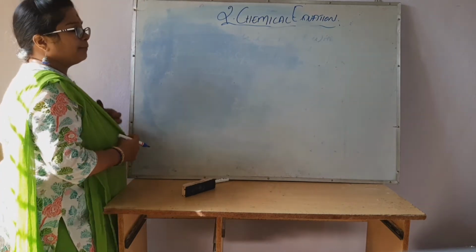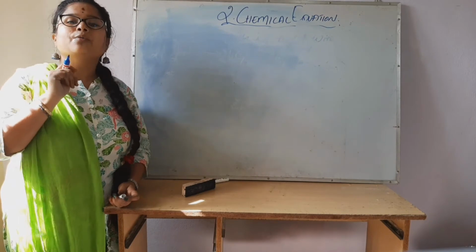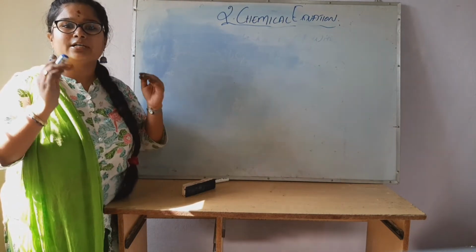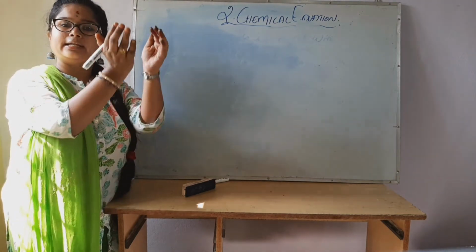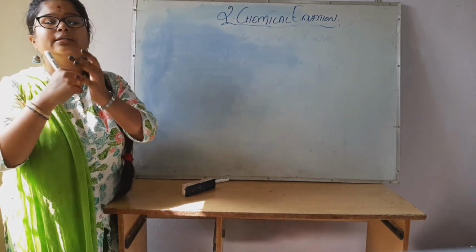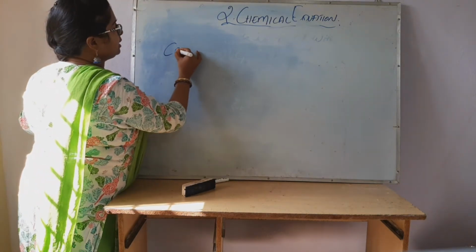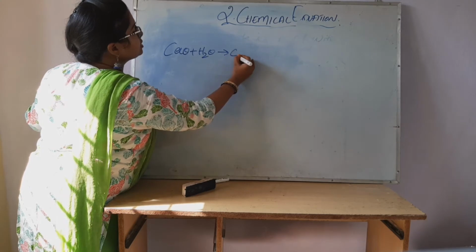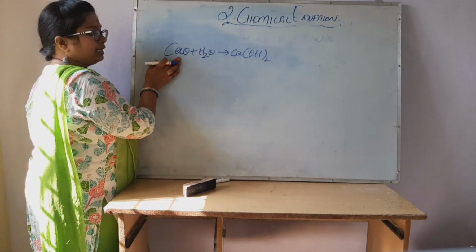Now, when you are writing the formula, you need to remember one thing: according to the law of conservation of mass, the number of atoms in the reactant side should be equal to the number of atoms in the product side. Suppose CaO plus H2O gives rise to CaOH2. How many calcium atoms are there?